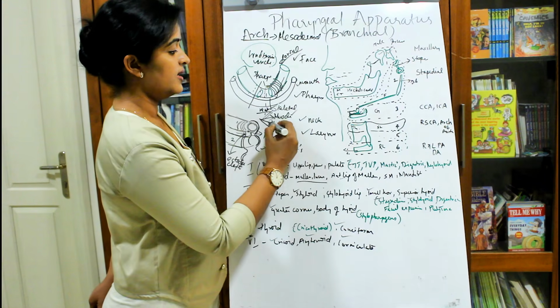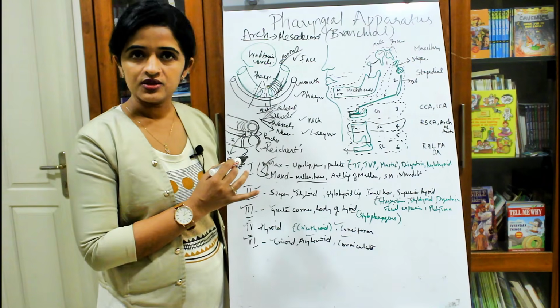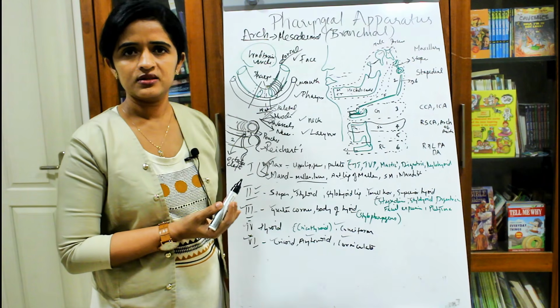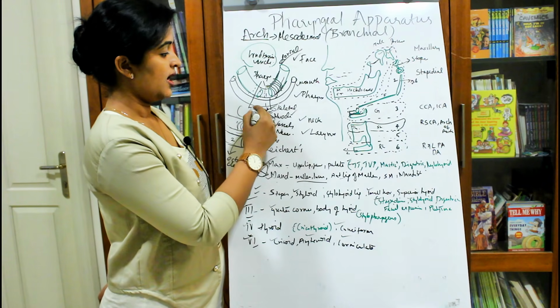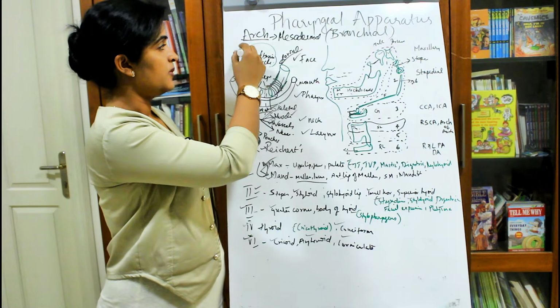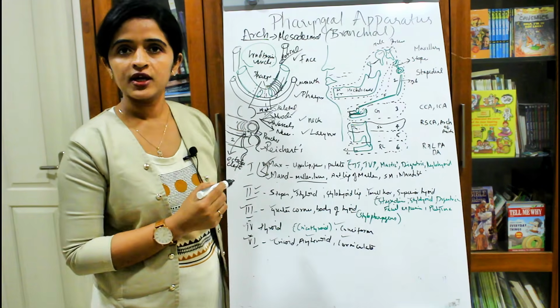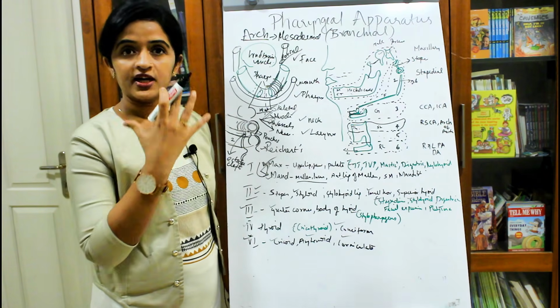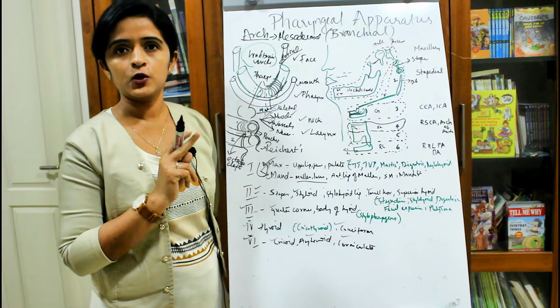The next component is about the vessels. When you talk about these arches, they should be nourished by vessels, isn't it? So in the beginning, this is the ventral aspect. You have the aortic sac here, and in the posterior aspect you have two dorsal aortae.